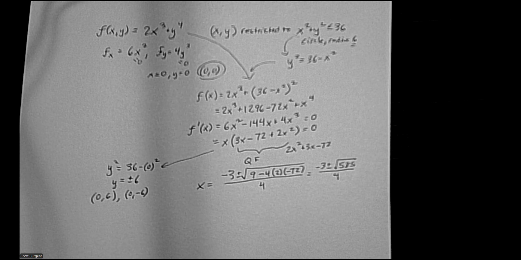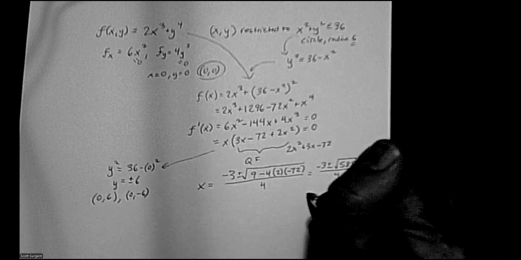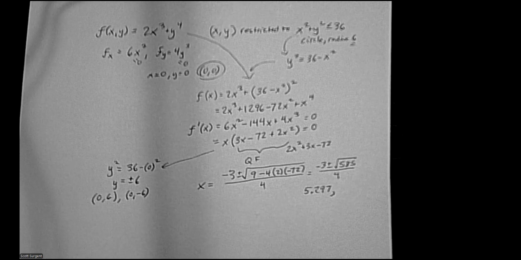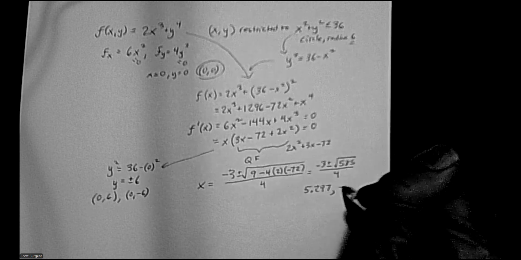So -3 plus the square root of 585, divided by 4, is 5.297. And the other one that I get is when I subtract and then divide by 4, and I get -6.796.